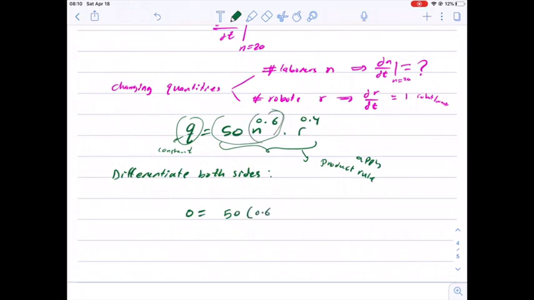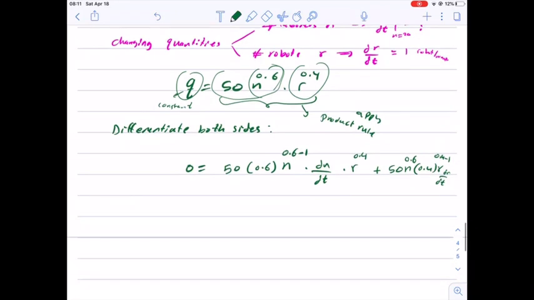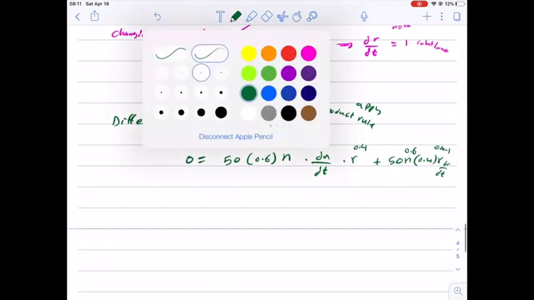Derivative of the first is 50 times, what is derivative of n to the power 0.6? The power times n to the power minus 1 times dn over dt, because we are differentiating with respect to time. This is derivative of the first times the second, which is r to the power 0.4. Plus the first times derivative of the second. What is derivative of r to the power 0.4? It's 0.4 r to 0.4 minus 1 dr over dt.